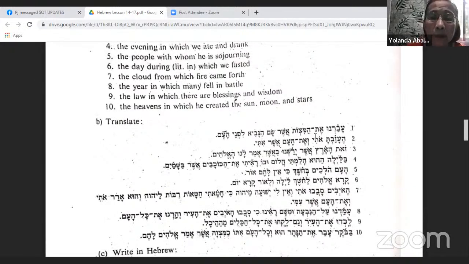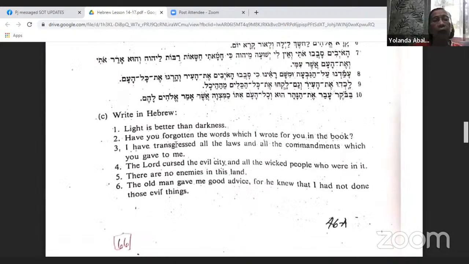Abarno at Hamechut. Ano yung Hamechut? This is commandments. Asher, Sam. This is not Sham, Sam. Hanabi, Lefne, Haam. Okay, so paano nyo i-translate yan?